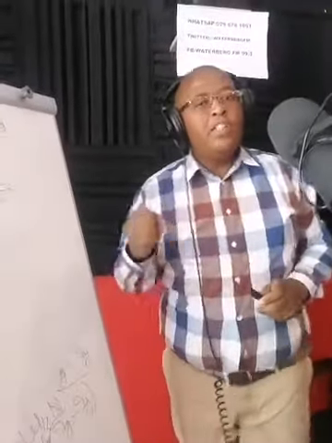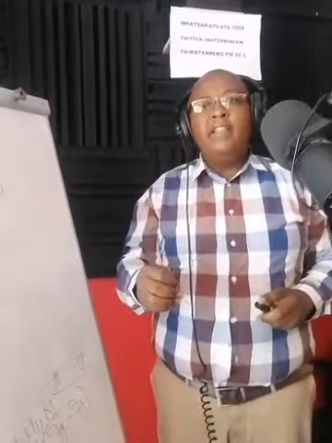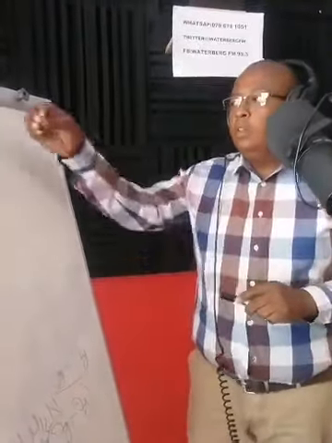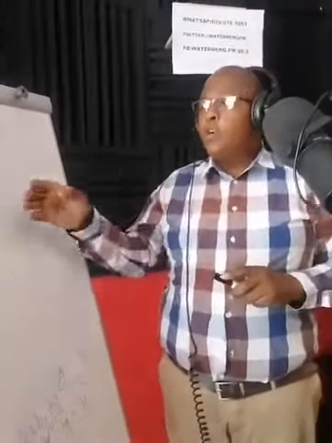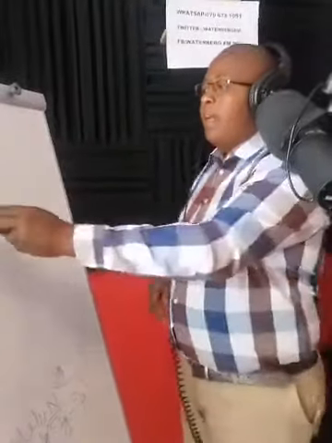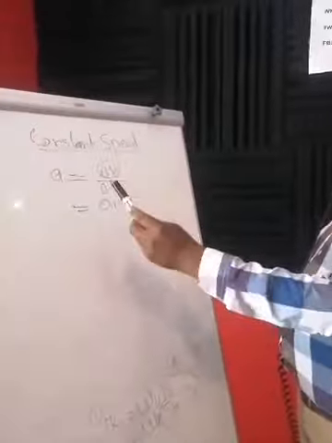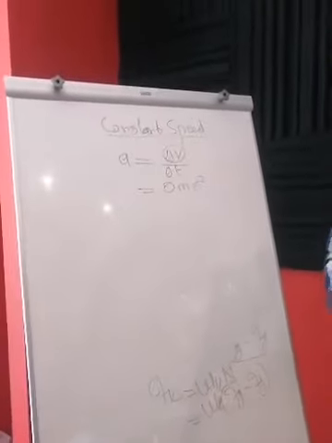And when your velocity is not changing, it simply means the acceleration, which depends on that velocity changing, will be 0 meters per second squared. In that case, constant speed or a constant velocity will imply acceleration being 0 meters per second squared.